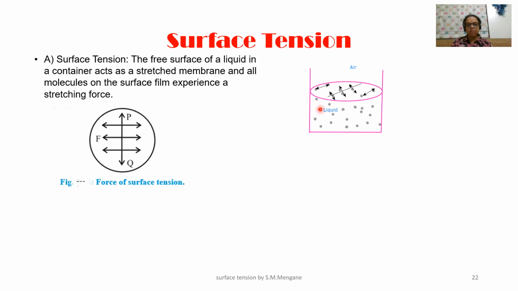Suppose there are a number of molecules here, and all these molecules attract each other, every molecule applying a force of attraction. So to calculate the force, we will draw a hypothetical line like this on the surface. There are certain molecules along this side also, on either side of the line. All these molecules are pulling each other. So this is the direction of force.